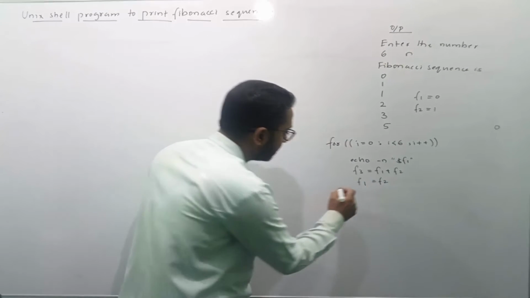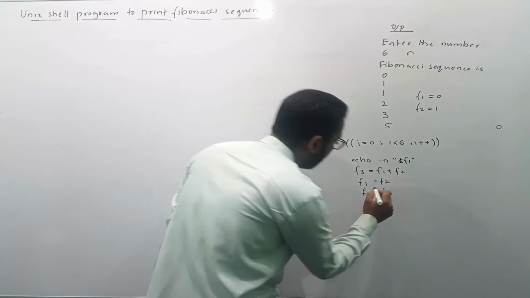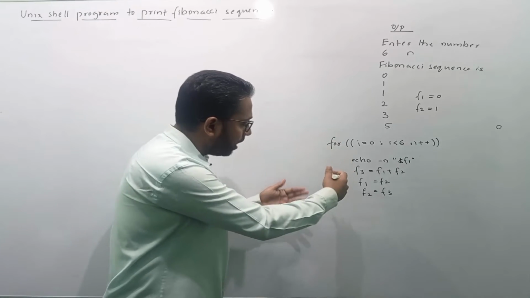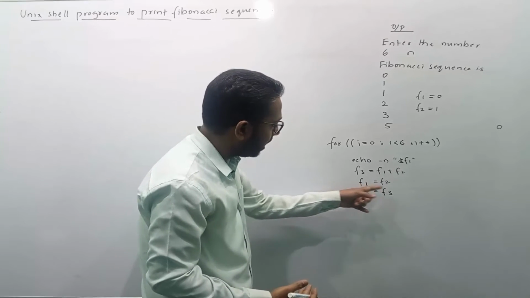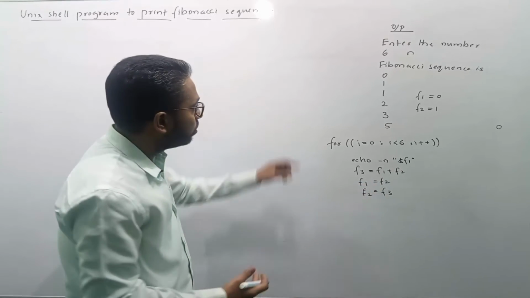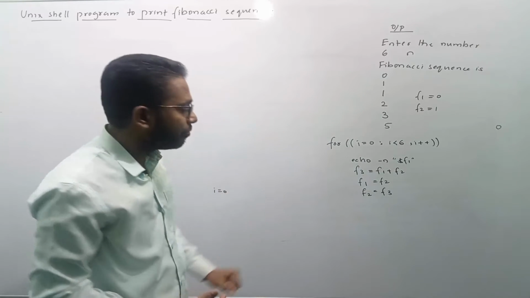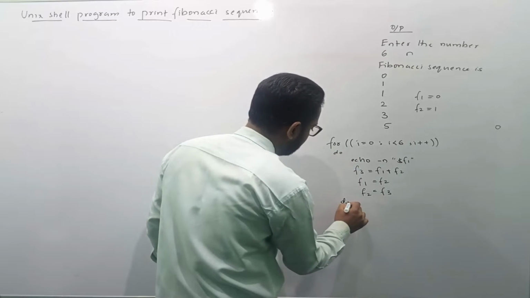Next I will pass f3 to f2. Like this, in this loop I will be changing the value of f1, f2 and f3 to perform this addition of each and every number. So here this is do, and here at the end done.